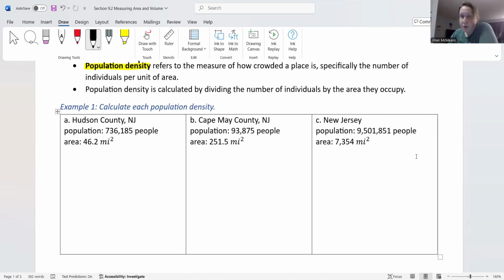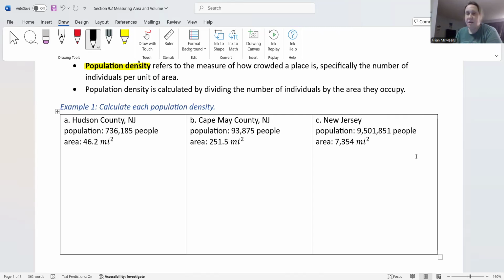So for example one, we're going to look at the population density for the most populated county. Well, I don't want to say the most populated, but the most densely populated county. Then we're going to look at the least densely populated county. And then we're going to look at the population density for New Jersey overall.